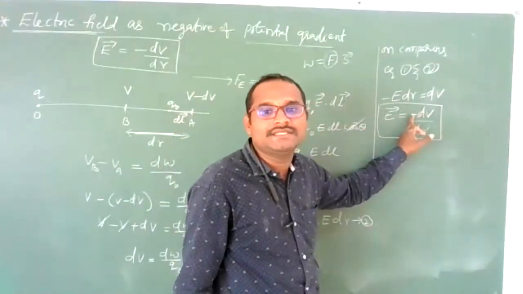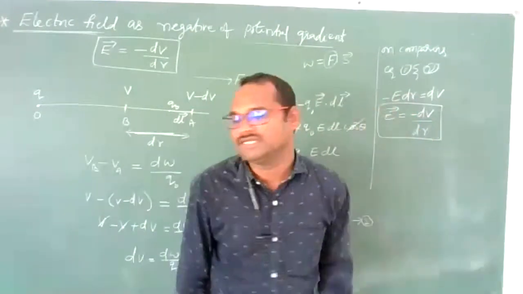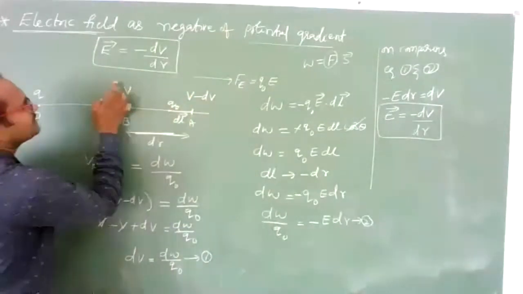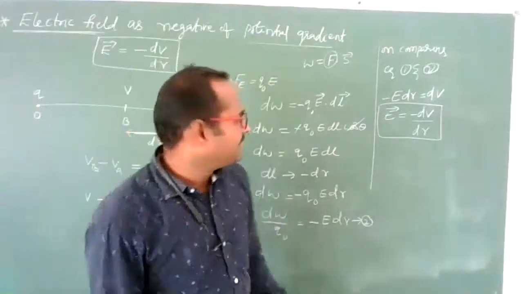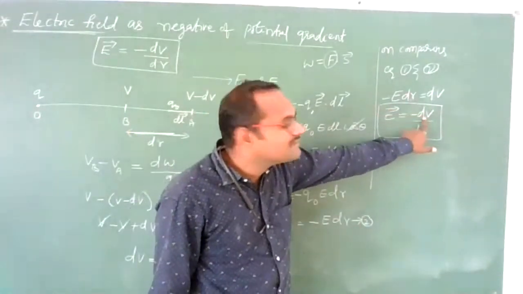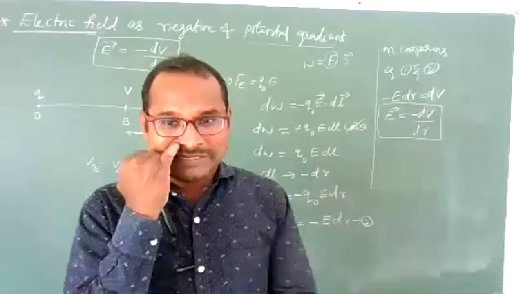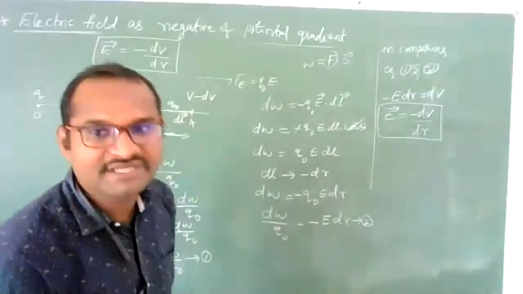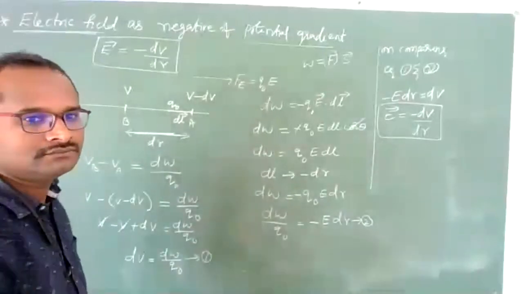In whichever direction potential is decreasing, in that direction electric field will be there. Suppose potential is decreasing in this direction, so electric field is also in the same direction. Negative sign indicates that. Electric field is negative of potential gradient. Very important formula. You need to remember it.